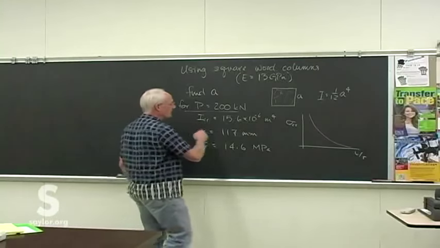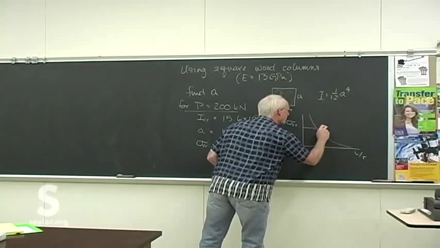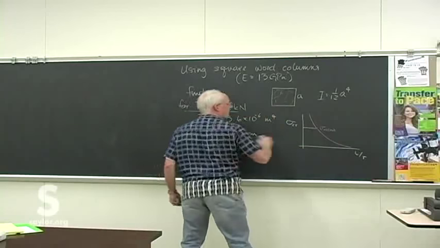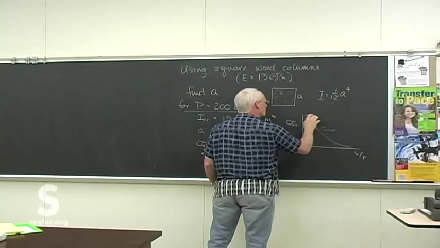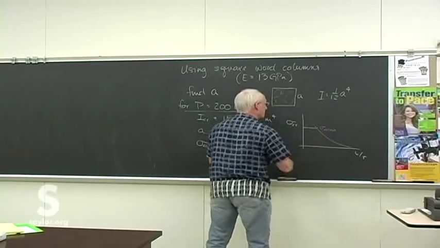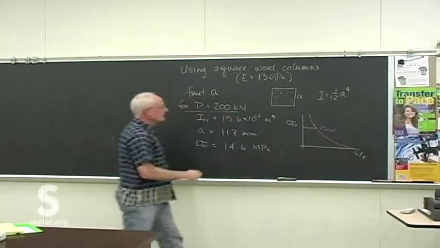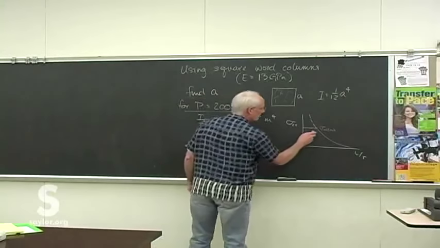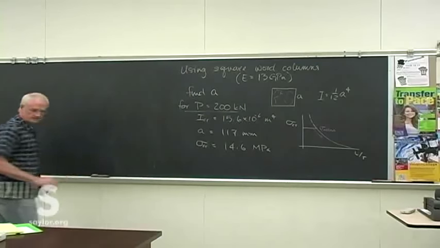But now we're designing for a particular limit, and we can't go above that. So that's essentially what we're doing now. We want to stay below that critical limit, somewhere down on the buckling curve.